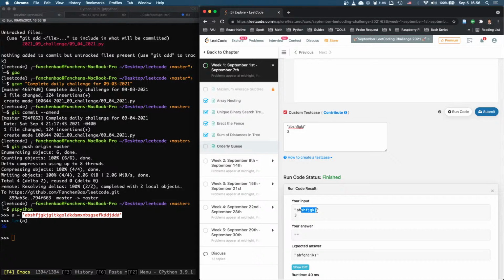But the thing is, it changes, right? There are so many ways to get A to this position. And what if, say, we try to get F to this position, right?